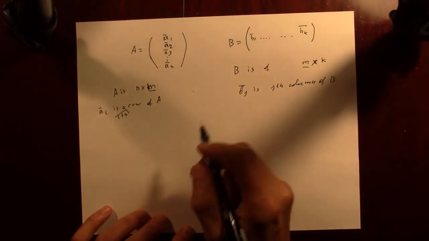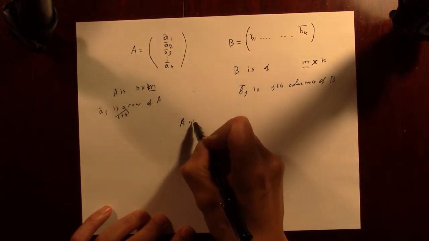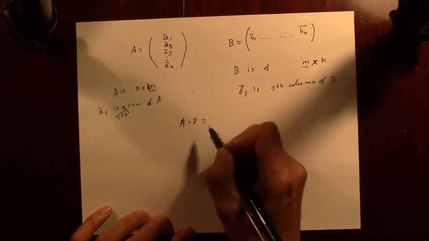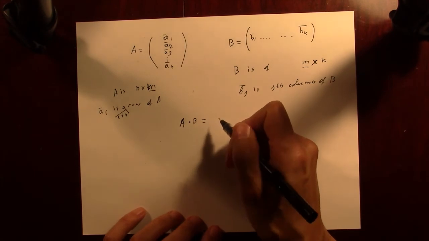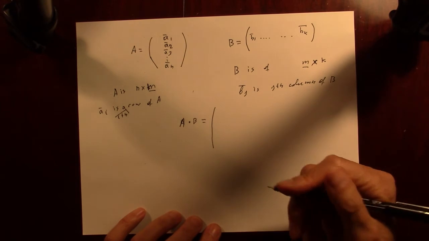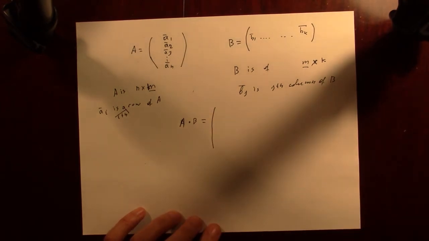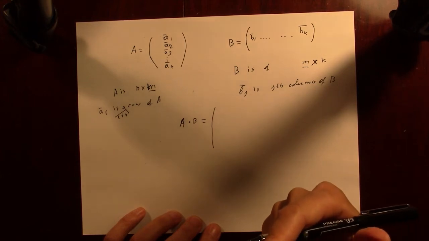So because of that, we can multiply A times B, and we're going to get, for example, the first position. To get the first position, we multiply first row from A times first column from B.